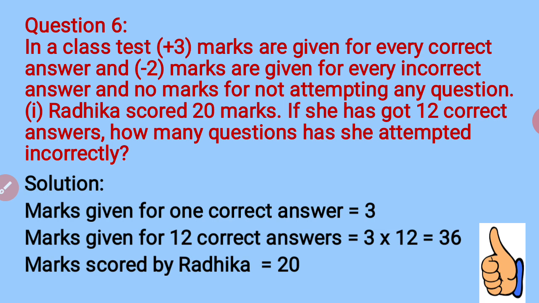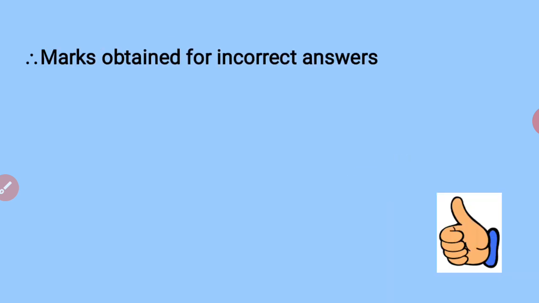This loss of marks is because of incorrect answers. So marks obtained for incorrect answers is 20 minus 36, that is -16. 16 is the marks that is lost. Minus gives you the meaning that there is a loss of marks.